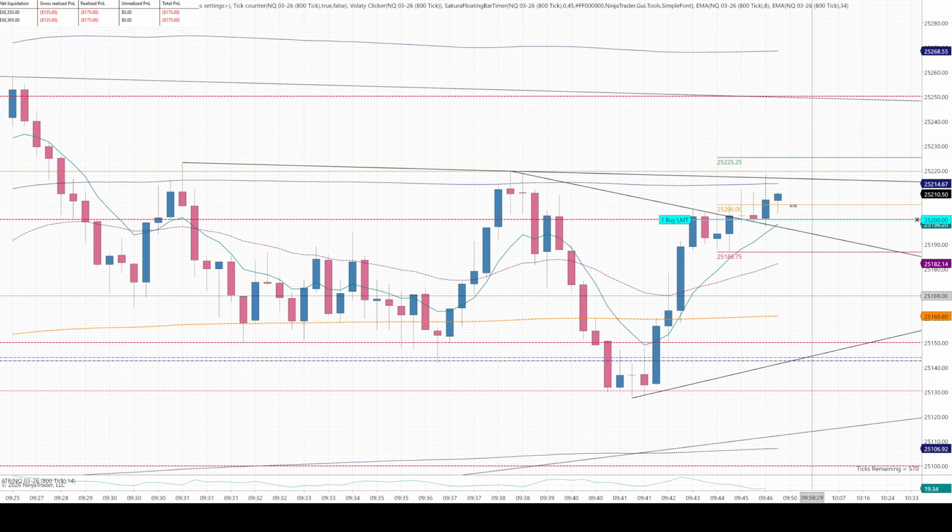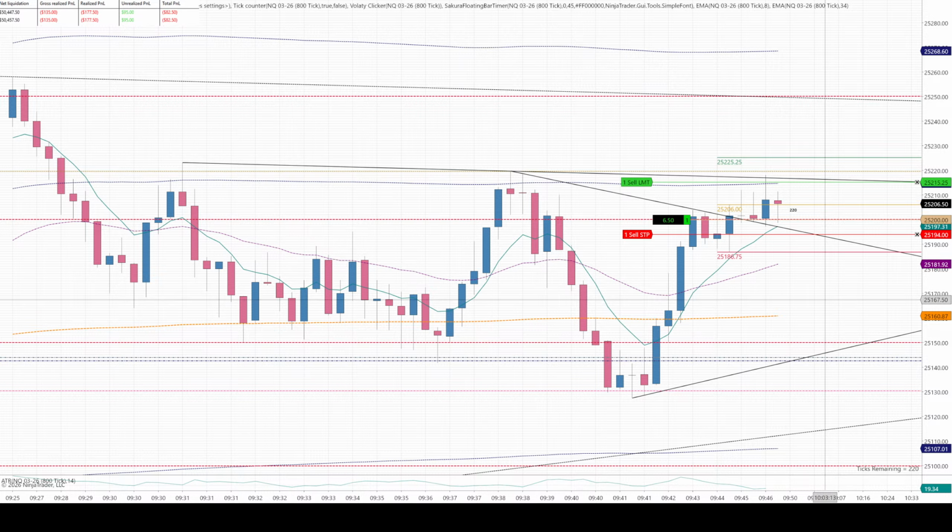But it is holding 200, so I might try to buy it at 200 if it wants to come back down. Okay, so let's see if we can get that bounce up now. Like buyers need to defend 200 here.